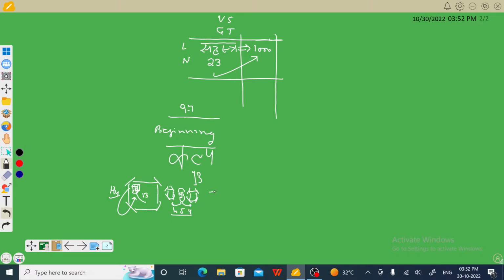So when 4-space is in a dynamic state, means it will be a 5-space, 4 plus 1.